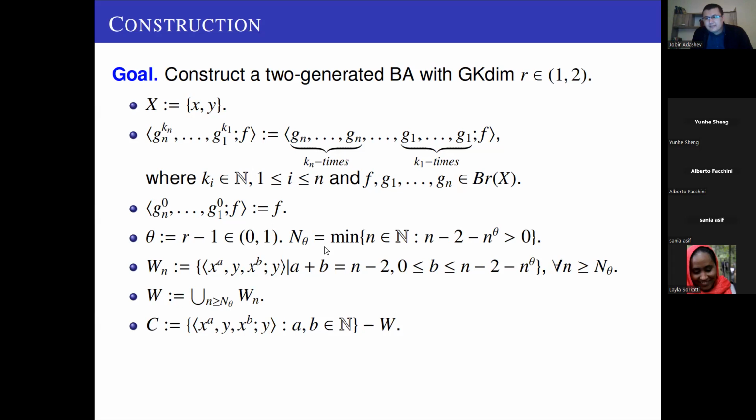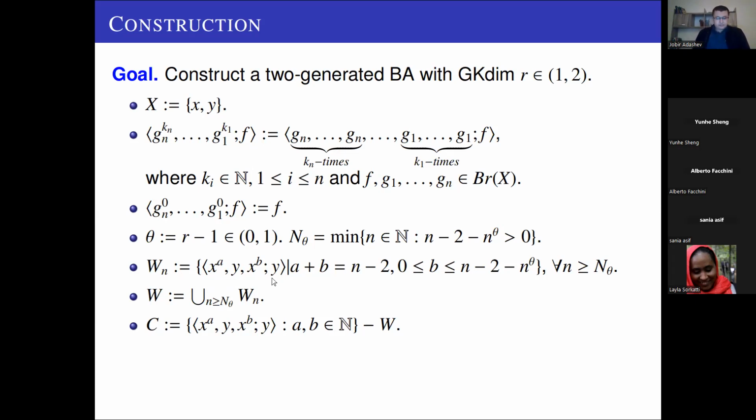So now we define a set W_n, which is a set of some normal brace words like this. In the special place we have y, and before y we have some number of x, and then y, and then some number of x.